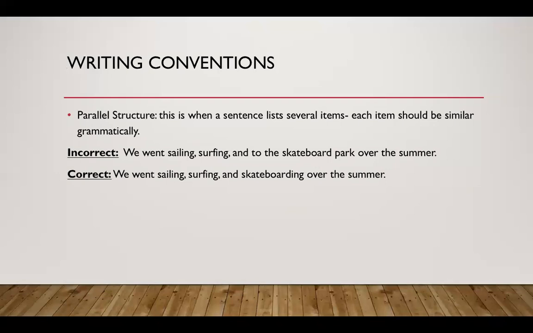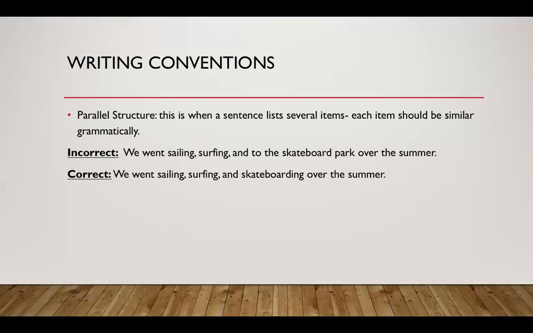Sorry, that is the incorrect statement. Here's the incorrect statement: we went sailing, surfing, and to the skateboard park over the summer. That is incorrect. The correct way to write it is we went sailing, surfing, and skateboarding over the summer.